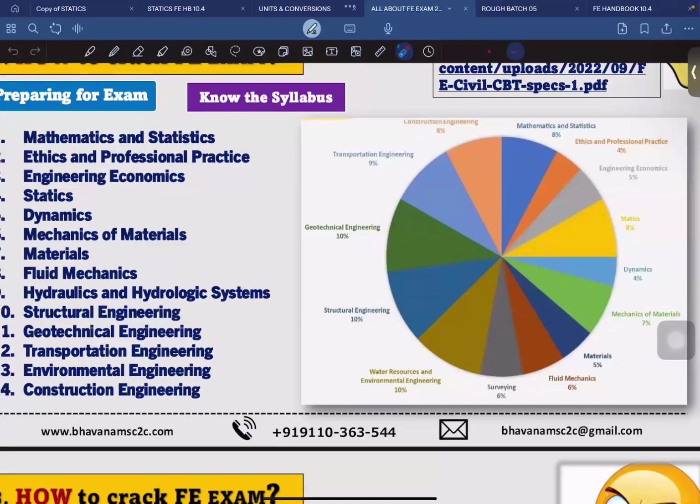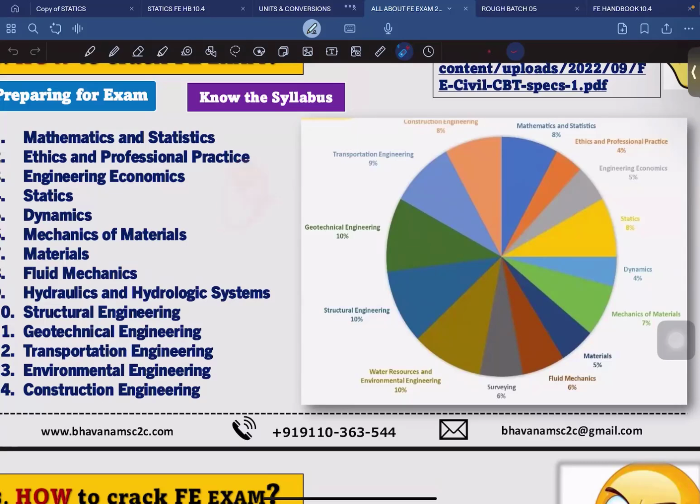So each subject has different weightage. We suggest you give more priority to the bigger subjects, and when you get the time, go for the smaller subjects like ethics and so on. Anyway, each mark is important for us. Let's prepare for 110 marks. Whatever the toughness of the exam, we will crack it with 70 or 60.